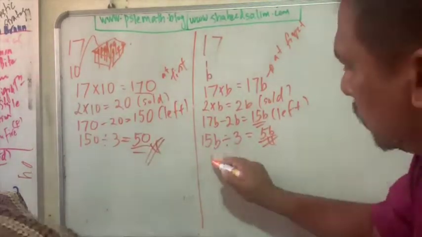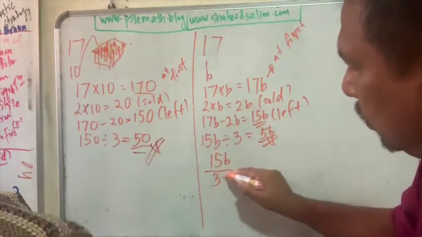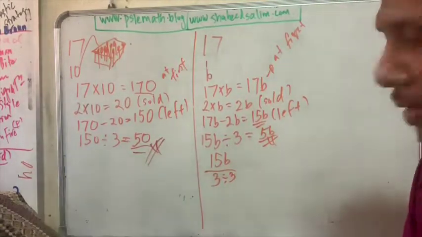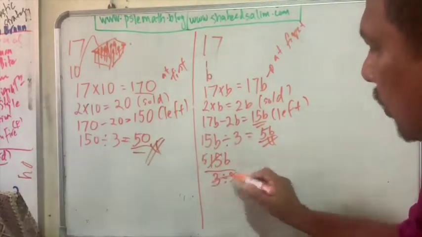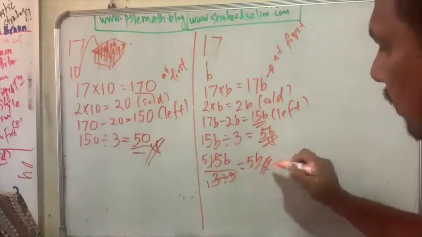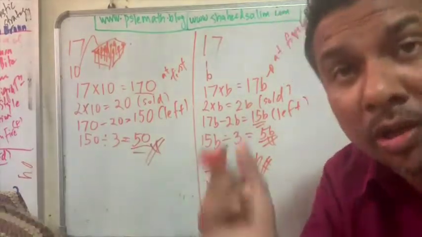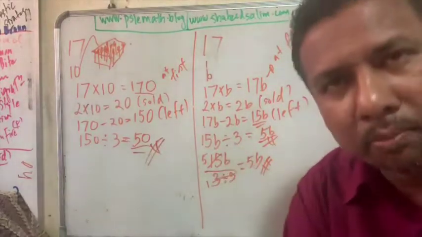If you are still confused about 15B divided by 3, you can reduce this. Divide by 3, you get 5. Divide by 3 is 1. So you get 5B. This is what each girl will receive. Remember, B is a number.